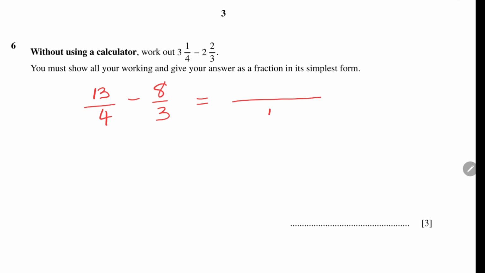That will be 12. 4 in 12, 3 times 13, that's 39, minus 3 in 12, 4. 4 times 8, 32. 39 minus 32 is going to give you 7 over 12. So the final answer here is 7 over 12.